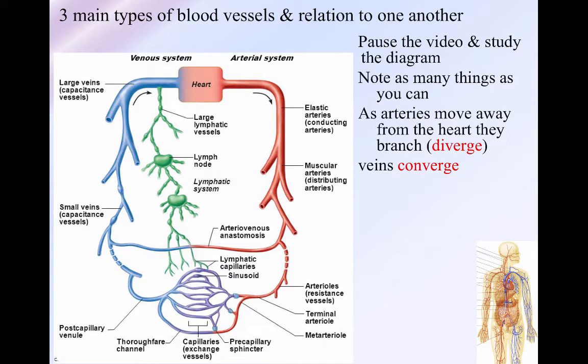These are little bits of smooth muscle that can either contract and cut off blood flow to the capillary, or they can relax and let the capillary be perfused with blood. And then notice that veins are also referred to as capacitance vessels. We'll talk more about this later on, but it just means that they can hold a large volume of blood.